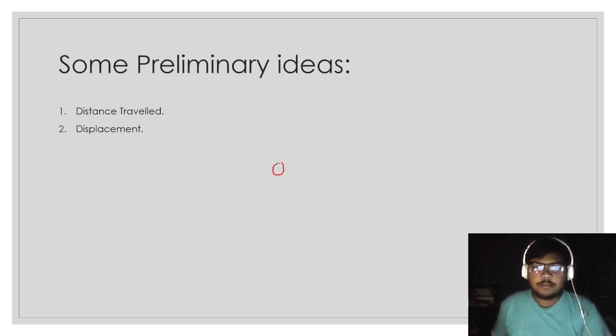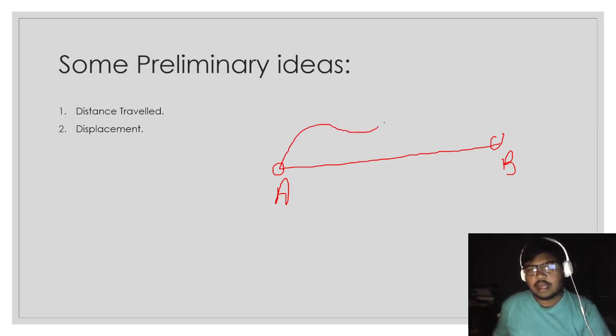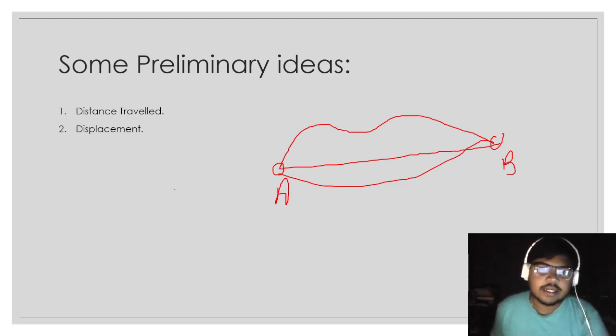Now suppose a point A and another point B. A person has to go from A to B. Now there are different paths that he can travel: through a straight line to B, or he can travel another way that includes much more distance like this, or he can go in this way, or infinite possibilities.